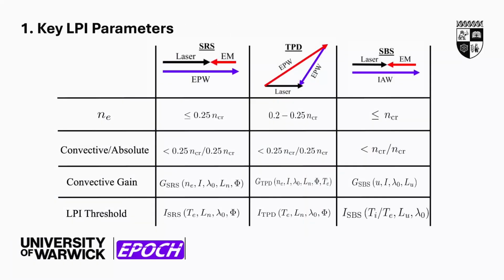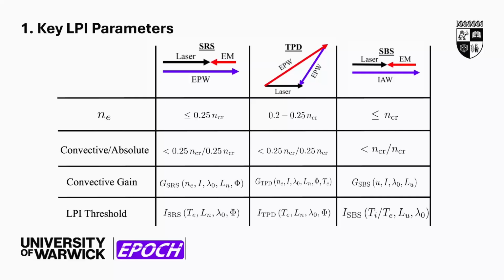I haven't got a fun name for this, but I call it the matrix of doom. It's a lot of the parameters you want to know when modelling LPI. You start with the most basic question: where are these instabilities growing? SRS and TPD are limited to growing only up to quarter critical, because you're producing two waves which both depend on density.